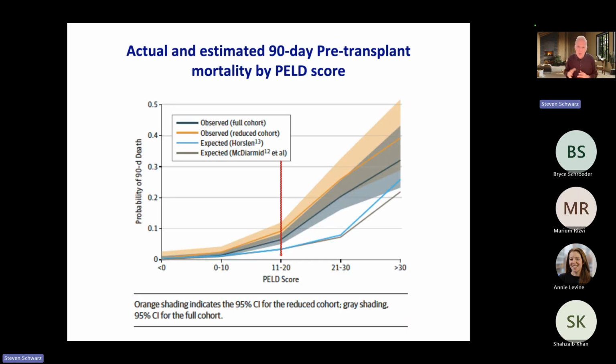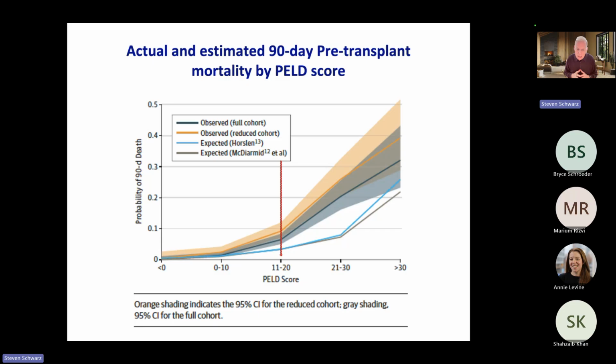Now, when you look at this curve, I don't want you to concentrate on the individual scores, but look at the trend. We learned when we talked about acute liver failure and the PELD score that most patients who undergo transplantation, remember that sine curve that I showed you, once the score got to 15 to 20, those were the patients that were most likely to undergo transplantation. And this is why.